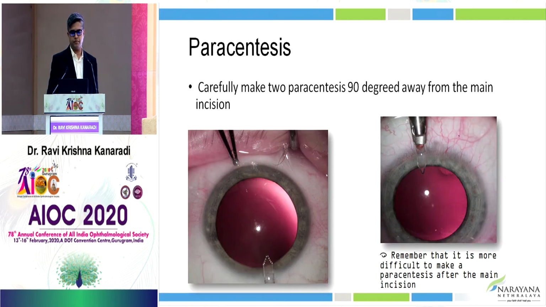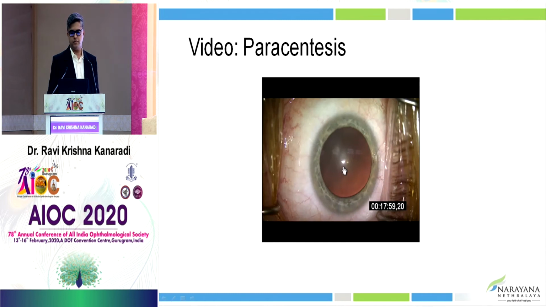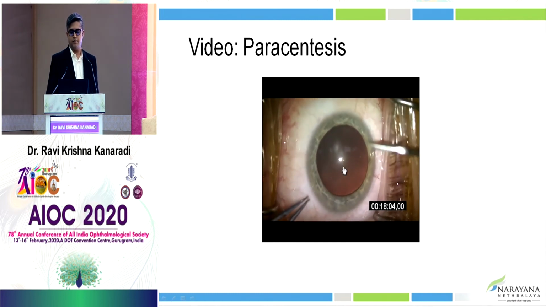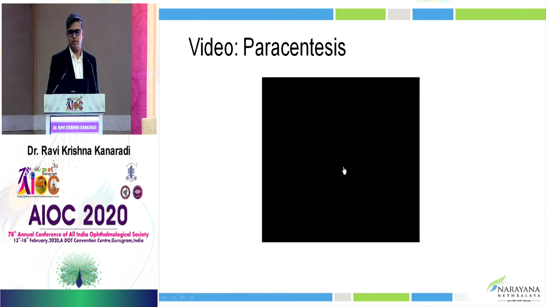So this is 2 paracentesis, which can be done 90° apart, or some people do it at 60°. So one at 60 and the other one at 90. It depends on your comfort.